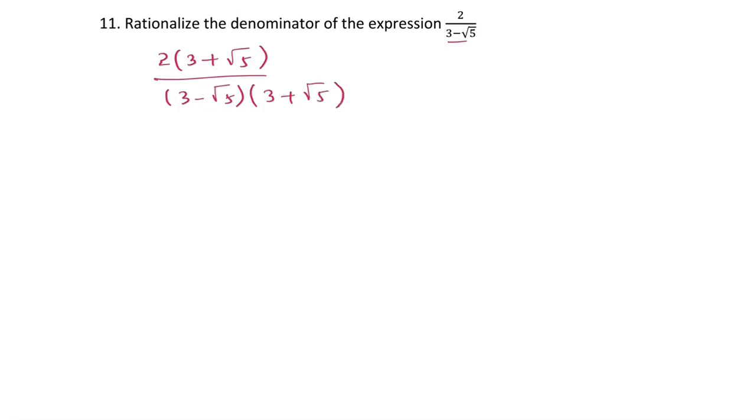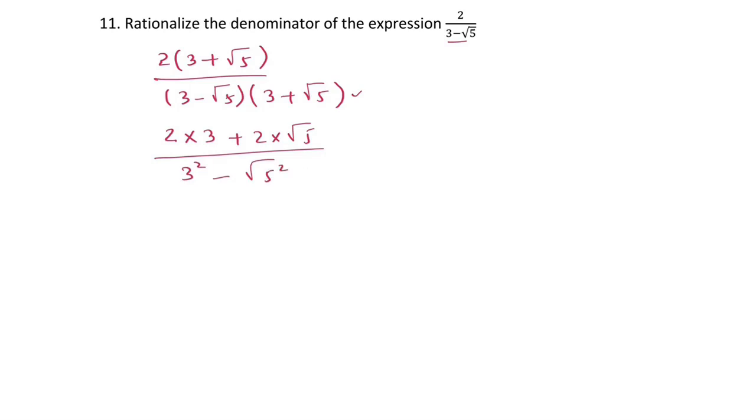Okay, so next we are going to use the difference of two squares concept to expand the denominator, and for the numerator we are going to open the brackets by multiplying 2 with each term inside the brackets. Then we have 2 times 3 plus 2 times square root of 5 over 3 squared minus square root of 5 squared.